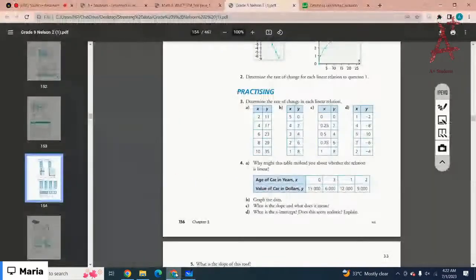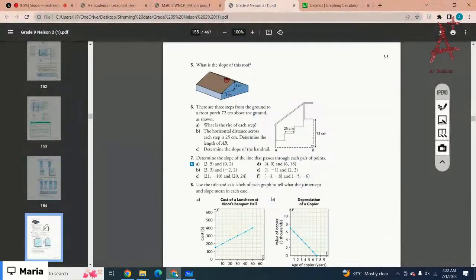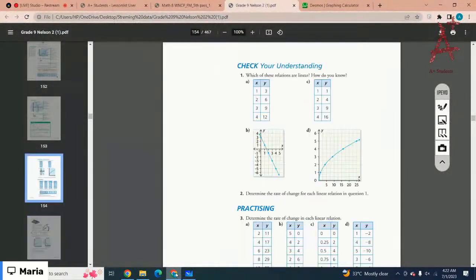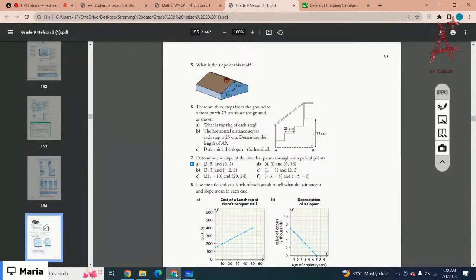Let's see question number 5. What is the slope of the roof? You have to calculate the slope of the roof. The slope is change in y divided by change in x, the vertical change divided by the horizontal change.